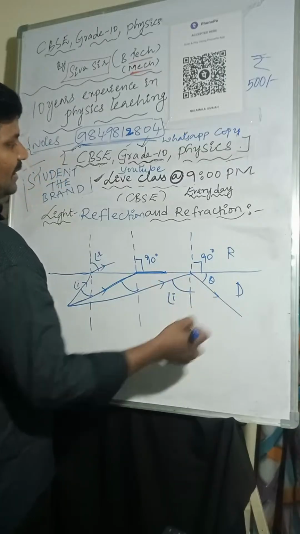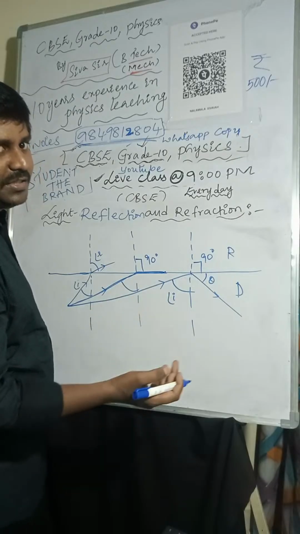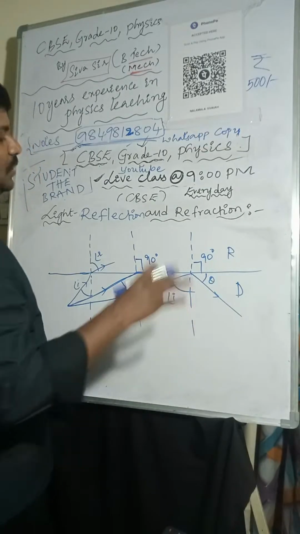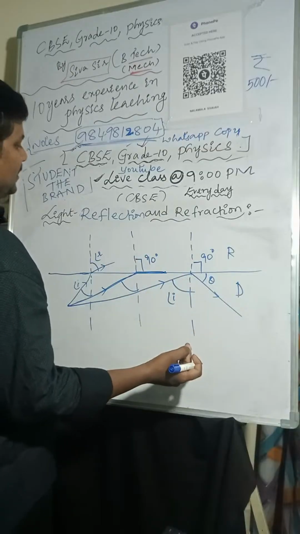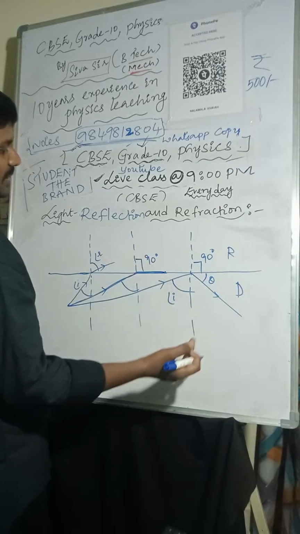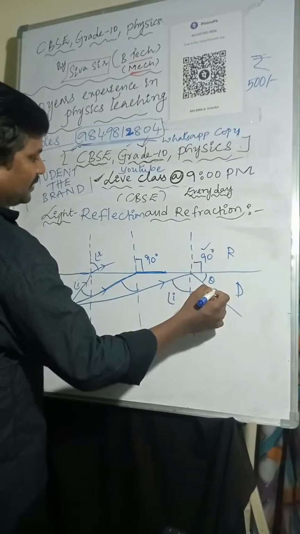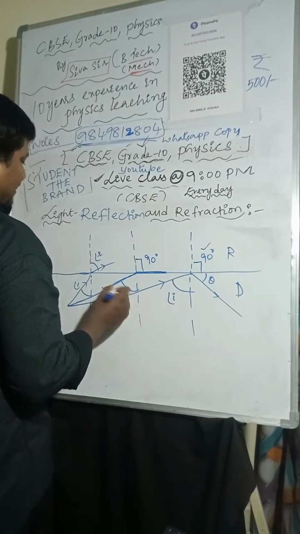Total internal reflection takes place, because the angle of incidence is more than the critical angle.